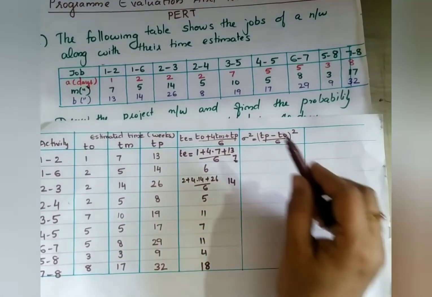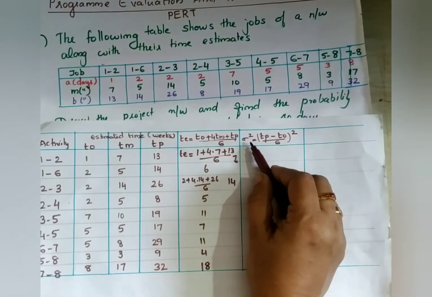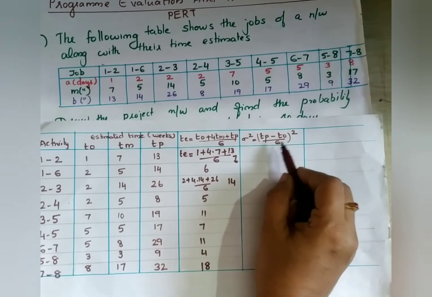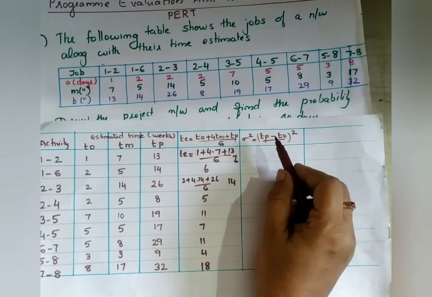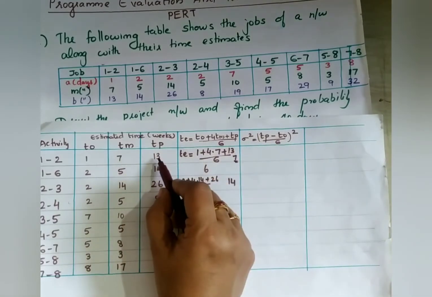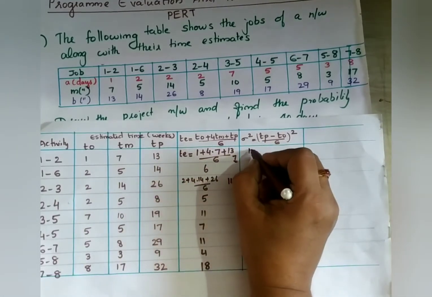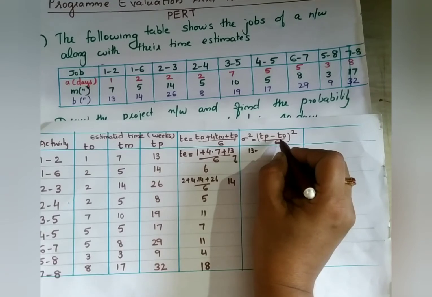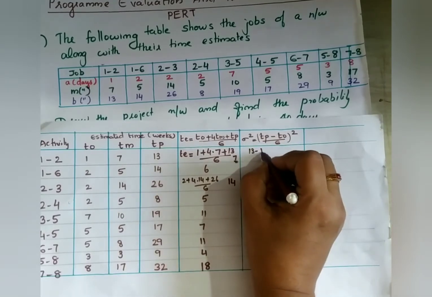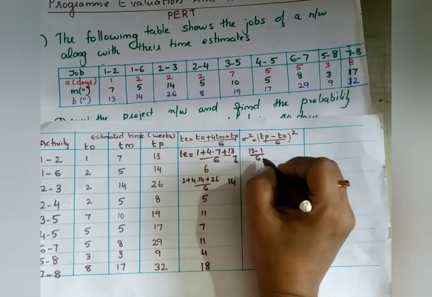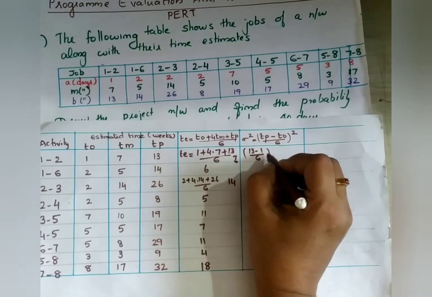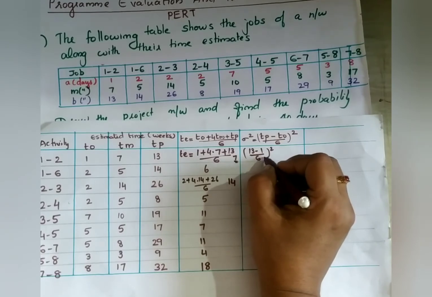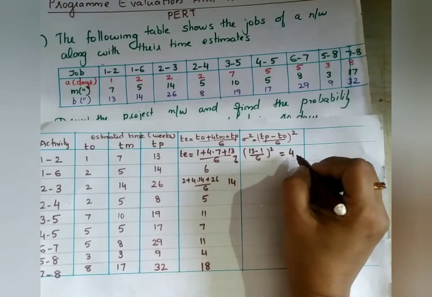Put these values in and you can find the equation. Next we go for the sigma square, which is Tp minus T0 divided by 6, the whole square. The first one, the Tp value is 13. 13 minus T0, T0 is 1, divided by 6. So 12 divided by 6 is 2, squared equals 4.